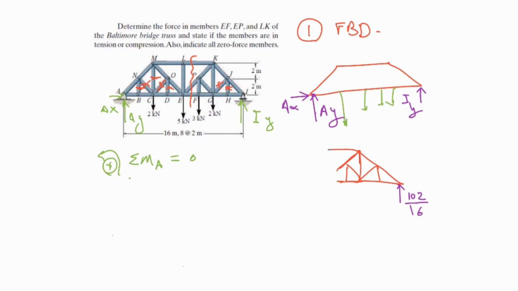Actually, what I would have is 2 over here, kN. I have 3 over here, and I have 3 forces over here, which are in these orientations.